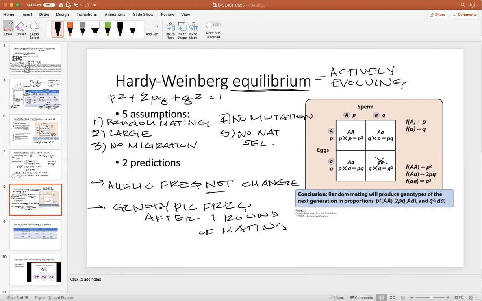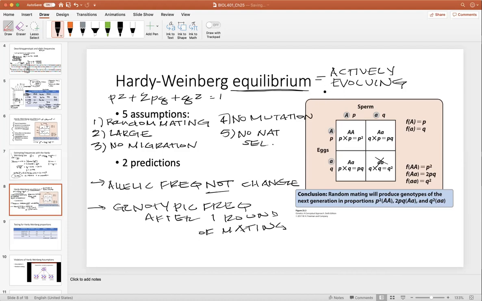If we see deviations from this equation, then we can assume that one of these things is going on, which means a population is evolving. So what we can do is take our Hardy-Weinberg equation, calculate what we think should be going on, and compare it to the genotypic frequencies we actually see.